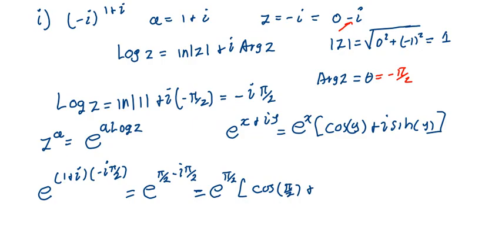Then we say plus. So maybe before I even continue here, you observe that you're going to plug in minus pi over 2, but sine is an odd function, so this is going to be minus i sine pi over 2. So meaning the product that you're going to get here, yes, it's a positive, but because of the presence of this negative here, it is going to end up being negative.